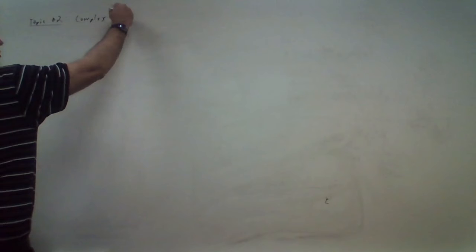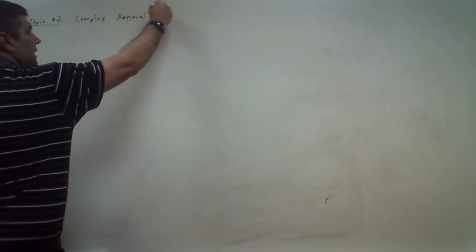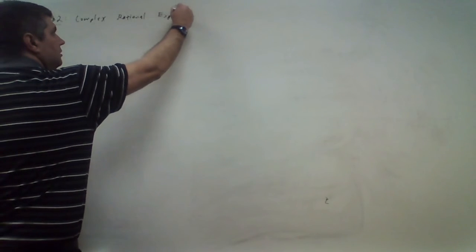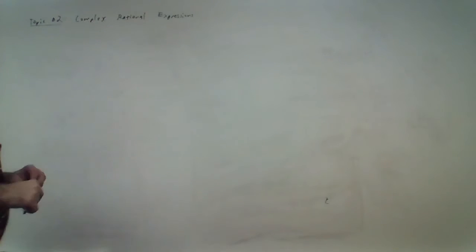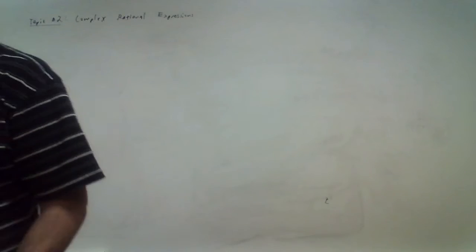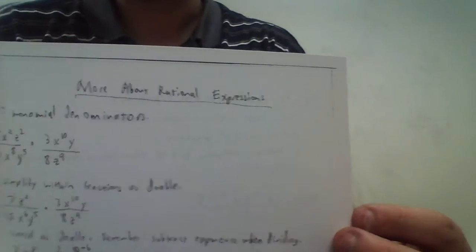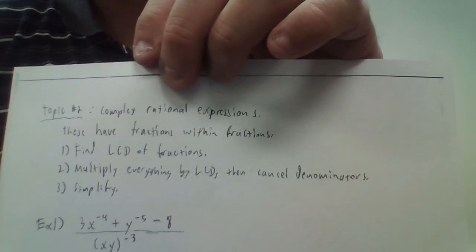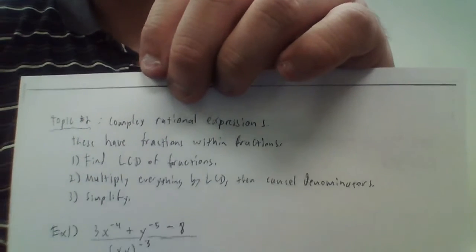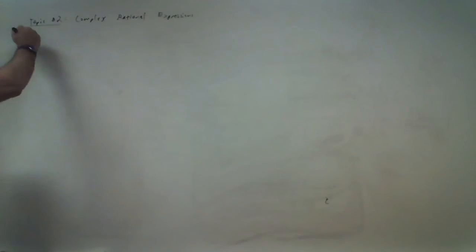Topic number 2, complex rational expressions. Okay, so here's the front page of the document that we're working on. Here's the back page. Go ahead and keep the steps handy, but I'm not doing the examples that are on the paper. So example 1 we're skipping. Example 2, A.